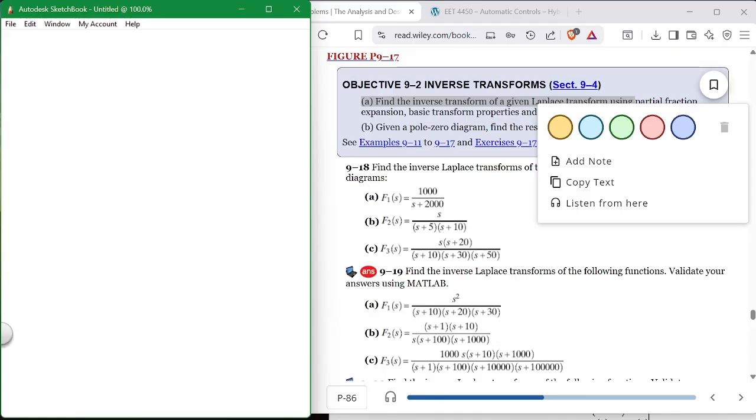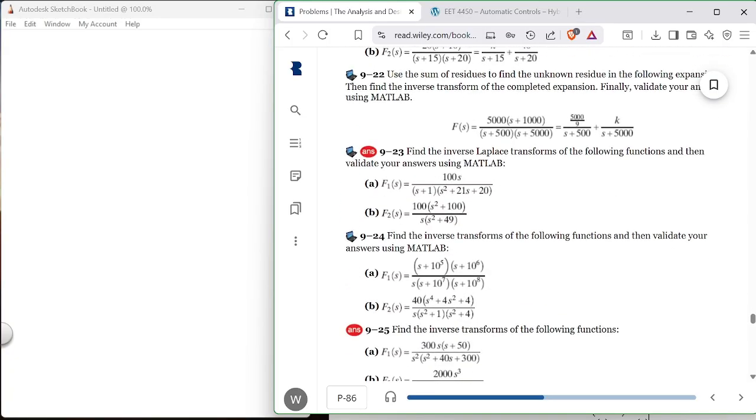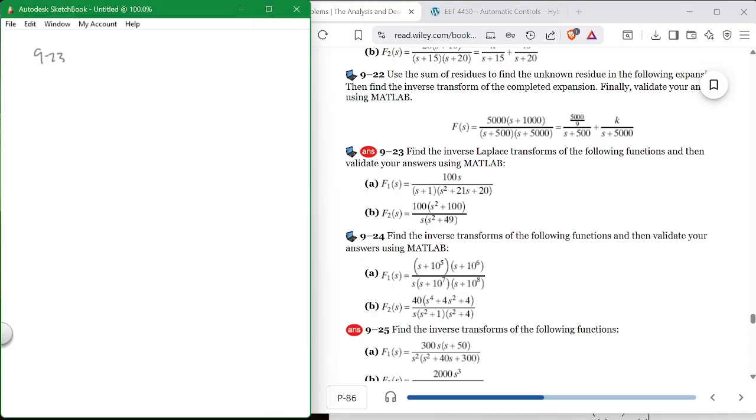So we're going to go down to 23. All right, so now you have a different set of criteria. This is a little bit different. This is 9.23A. So, what's the story here?